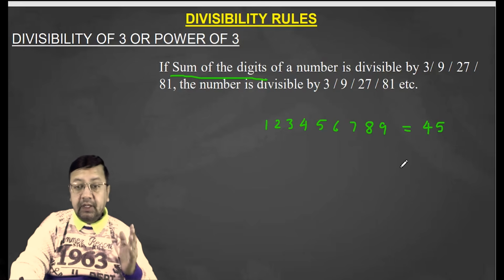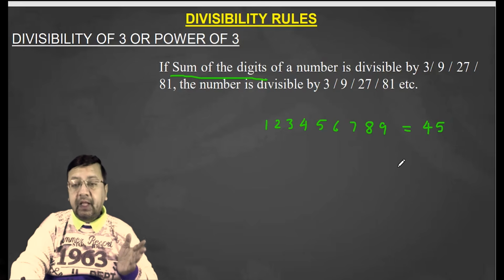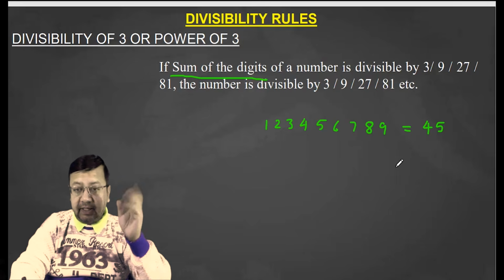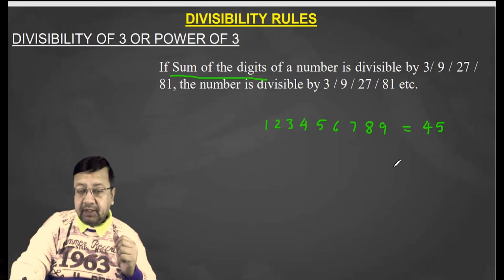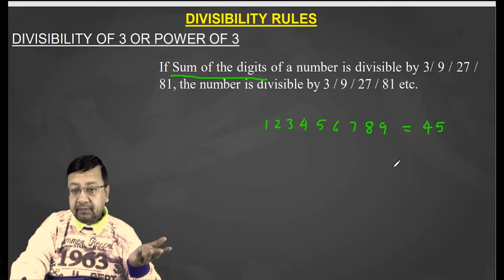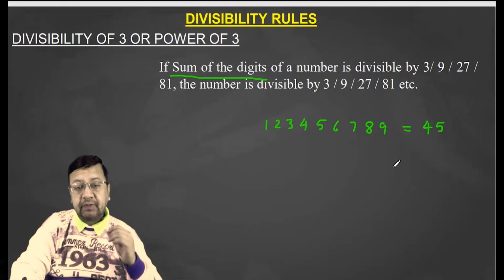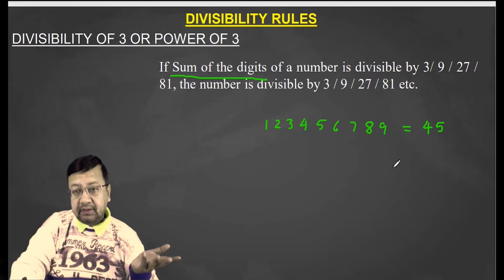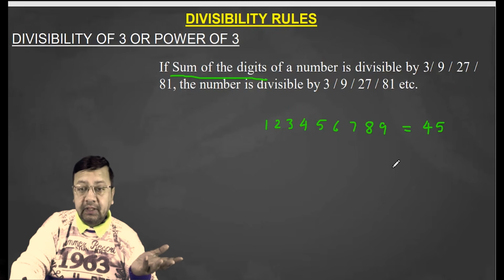Now, this is the sum of the digits of the number. I can say 45 is divisible by 3, so this number is completely divisible by 3. If I check for 9, this is also divisible by 9, right?